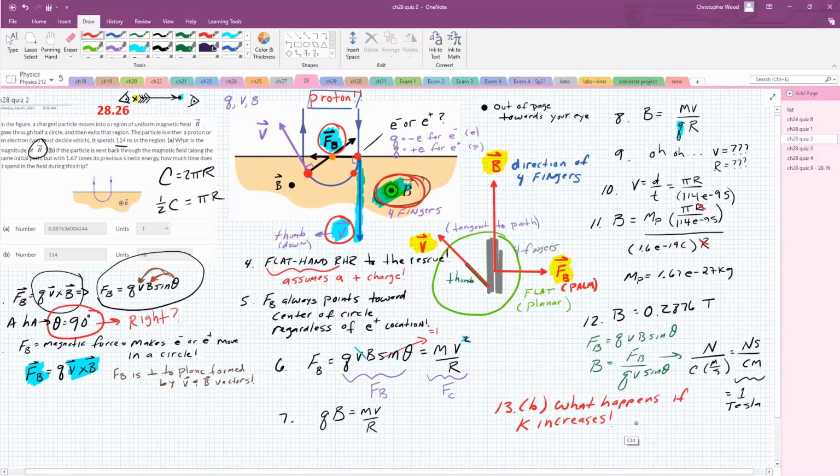For part B, they want you to do the same thing. They want you to crank up the kinetic energy. So I'll just say this. If you increase the kinetic energy, you increase the velocity. And then T does not depend on velocity.